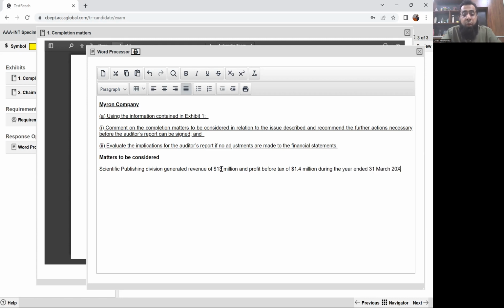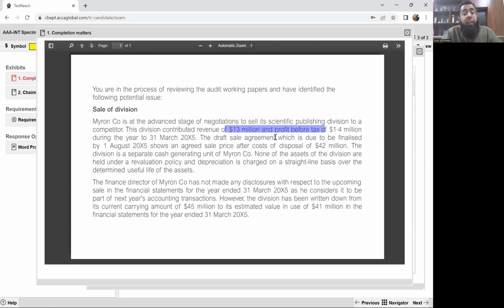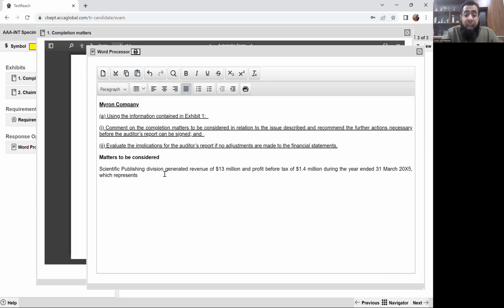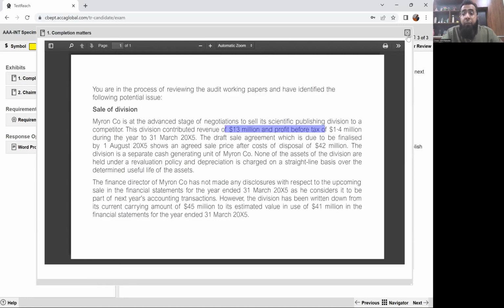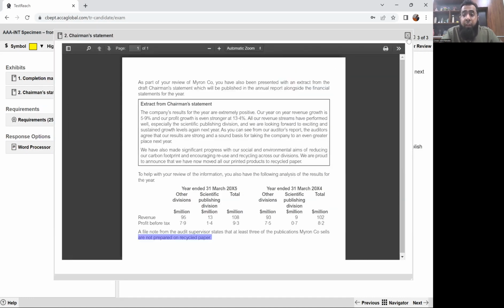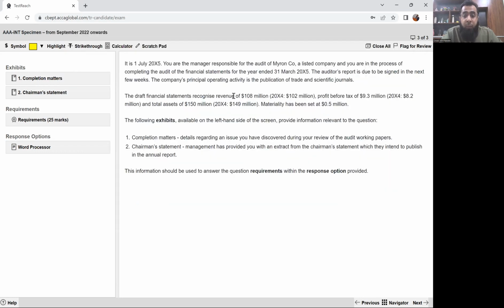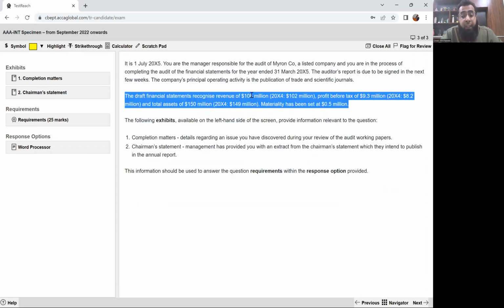31st March 20x5. Revenue is 13 million and profit before tax is 1.4 million, which represents how much? If you remember, on the introduction screen we were provided with the total revenue and profit before tax figures. The total revenue is $108 million and profit before tax is $9.3 million.